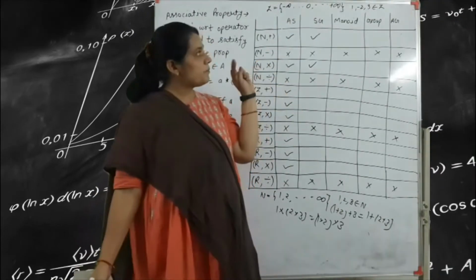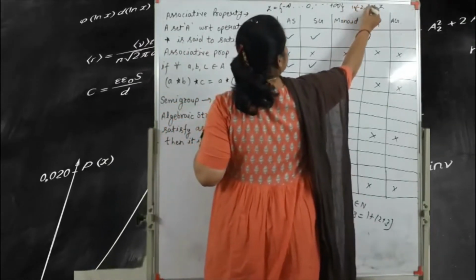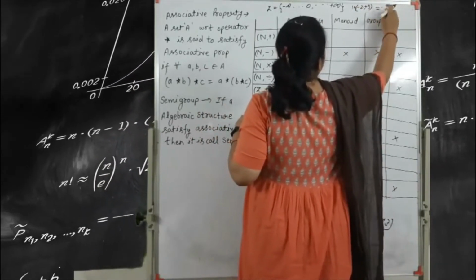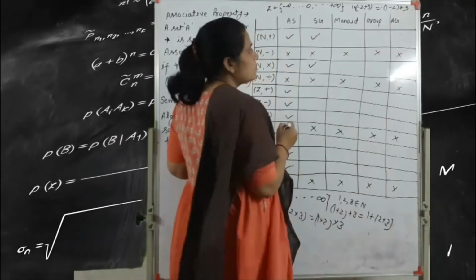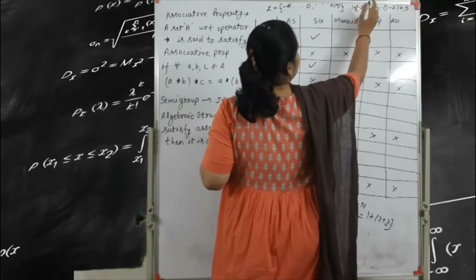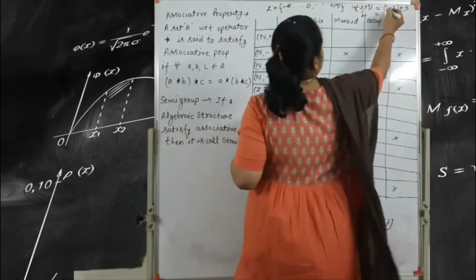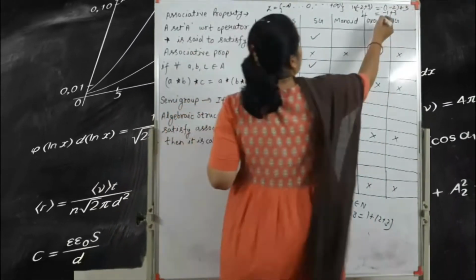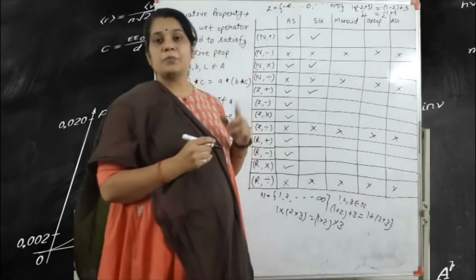So in case we use here 1 plus minus 2 plus 3, we write 1 minus 2 plus 3. So here 3 minus 2 means 1, 1 plus 1 means 2. And here 1 minus 2 means minus 1, plus 3, so 3 minus 1 is equal to 2. That means plus satisfies the associative property.